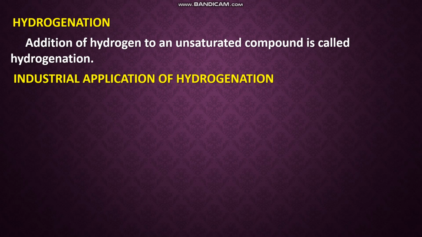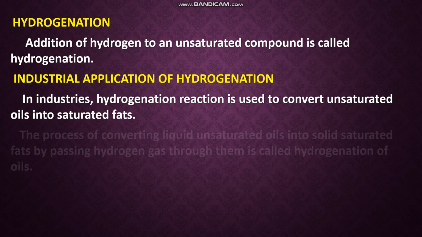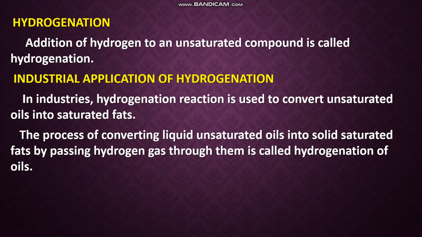Let us see what is the industrial application of hydrogenation. In industries, hydrogenation reaction is used to convert unsaturated oils into saturated fats. So the process of converting liquid unsaturated oils into solid saturated fats by passing hydrogen gas through them is called hydrogenation of oils. Oils are mostly liquids and fats are mostly solids.